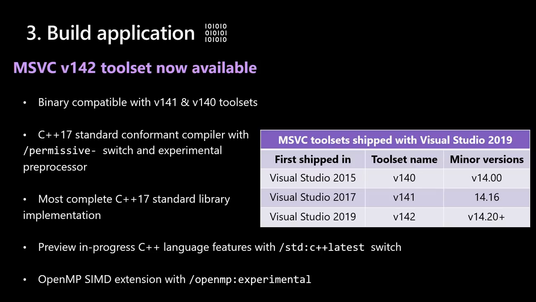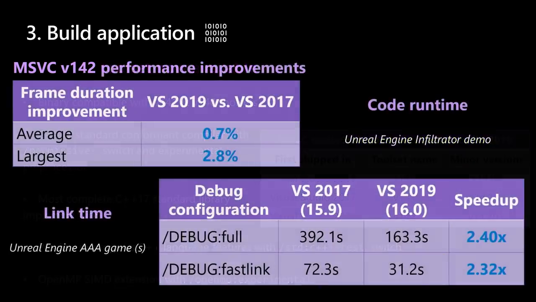And you actually have a chance of previewing in-progress C++ language features with a /std:c++latest switch. So I know one of the things our team has been working on recently was the spaceship operator that's coming in C++20. That's one of those things you can test out. And you also get OpenMP, there's an OpenMP SIMD extension with the OpenMP experimental switch. So that's some of the stuff that's new in the new tool set.